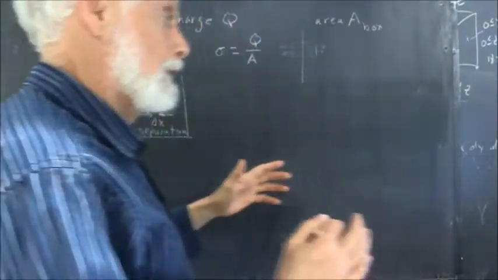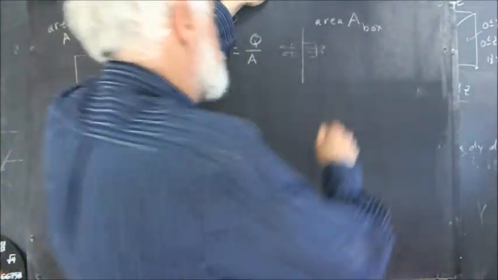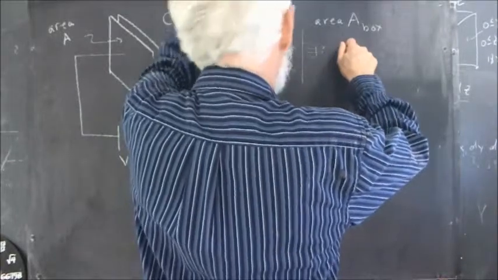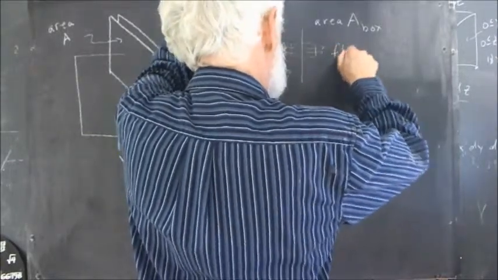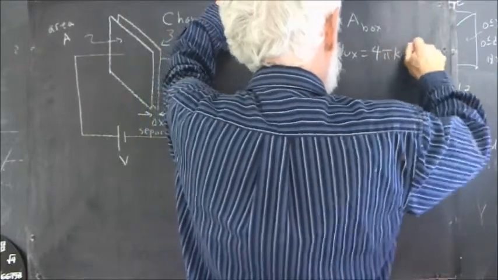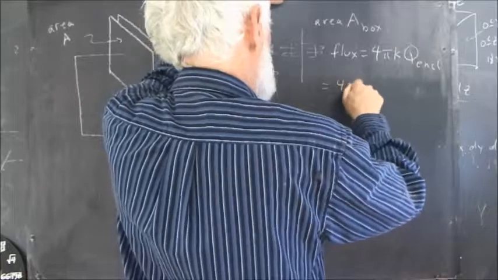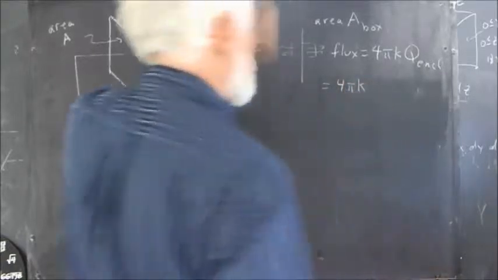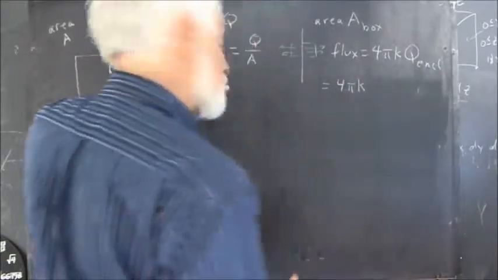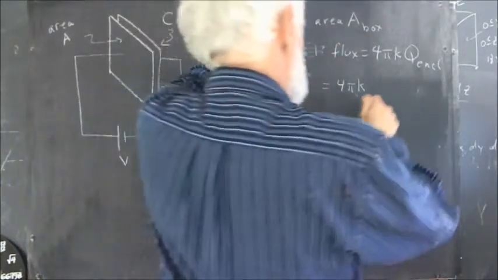And of course, this argument is familiar. We've made it a couple of classes ago. The flux is 4 pi k Q enclosed, and you can verify that's 4 pi k times what? The density times the area of the box. Okay?